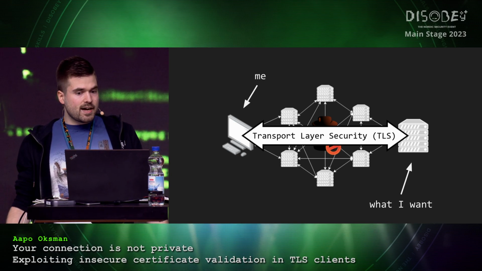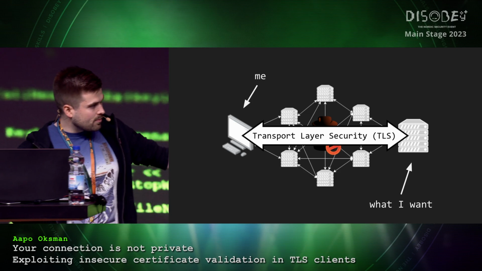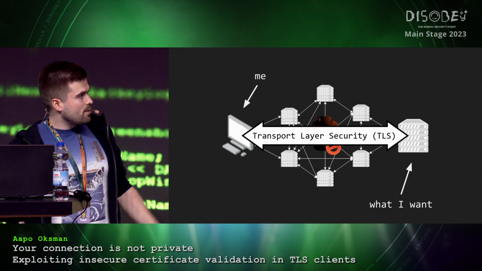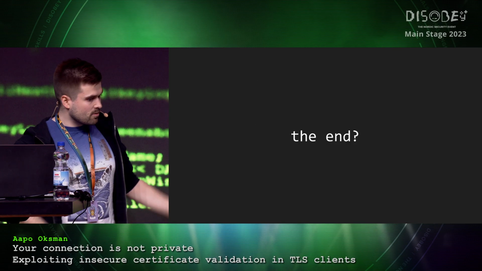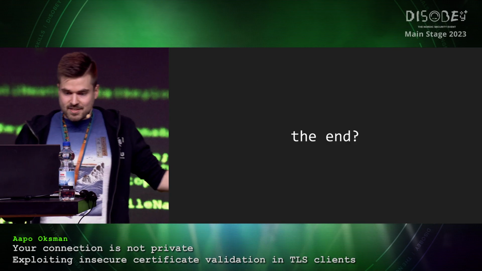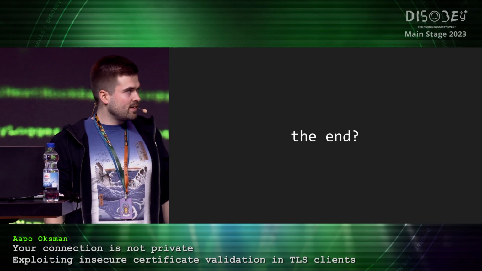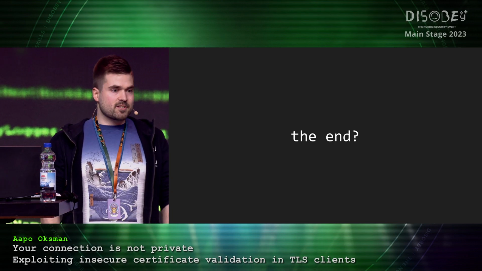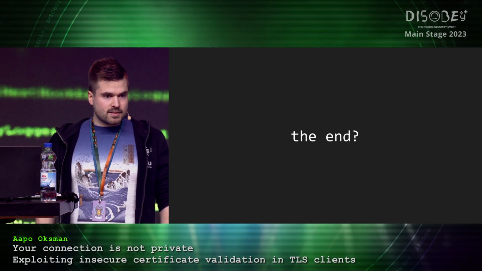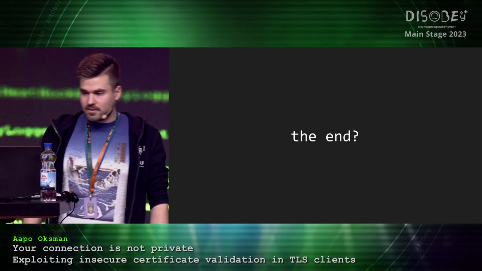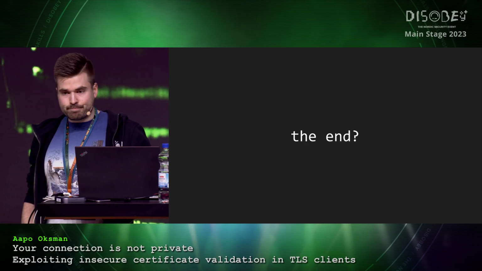Bad guys can't get in between me and what I want. So basically, that's how it's supposed to be. It should end here. So we are using TLS, everything is secure. But I think you might have guessed, it's not that simple.